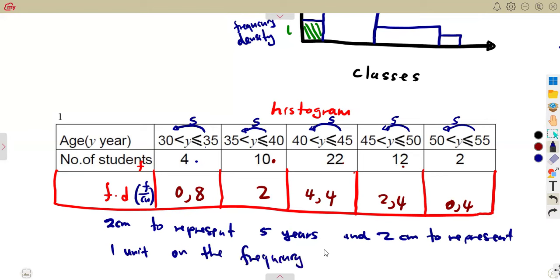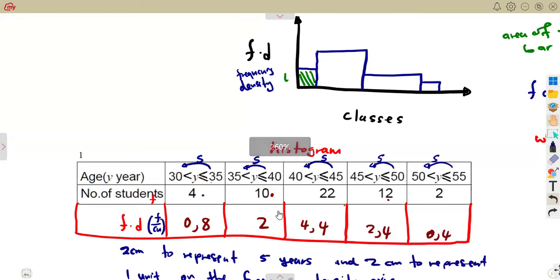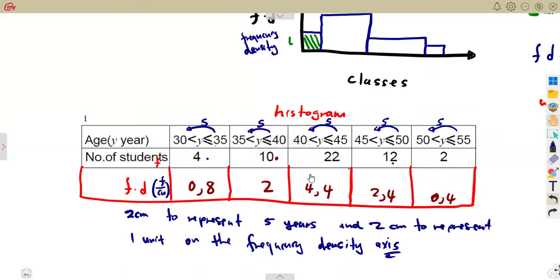The frequency density axis can also be called the vertical axis. So the vertical axis is the frequency density, and the 2 centimeters represent 5 for the age.